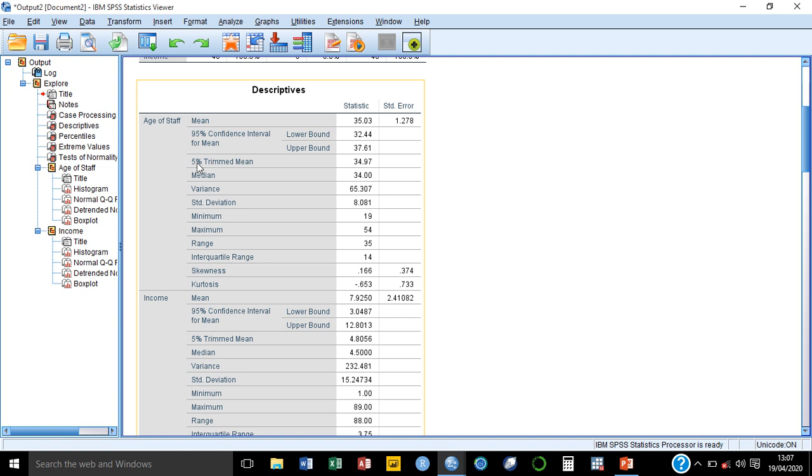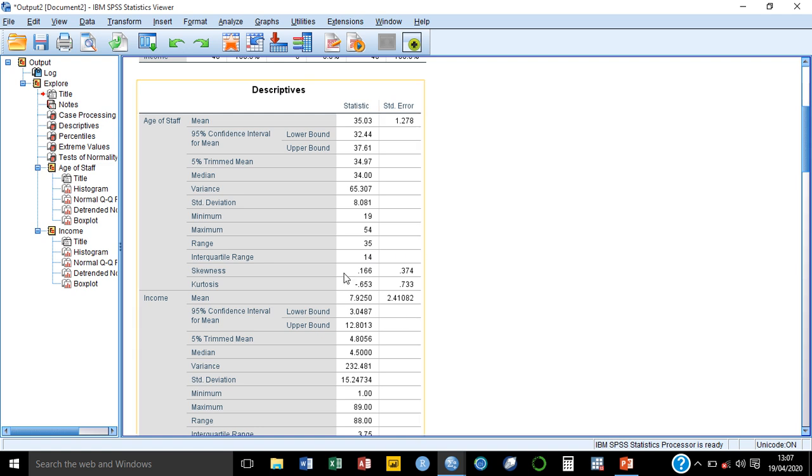So this is like removing 5% of the highest and lowest numbers and you have the mean to be 34, which is not far from 35, the original mean. All right, so that means that the outliers are not that much here. Then median is 34, variance, blah blah blah. So interquartile range, and so on.